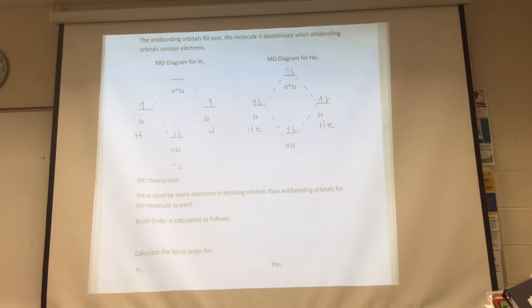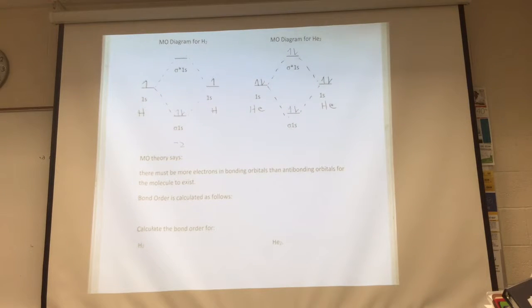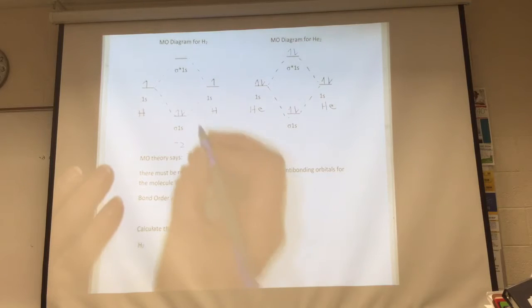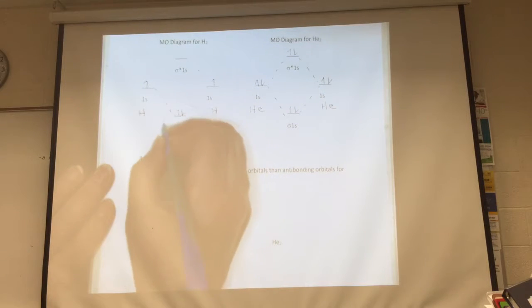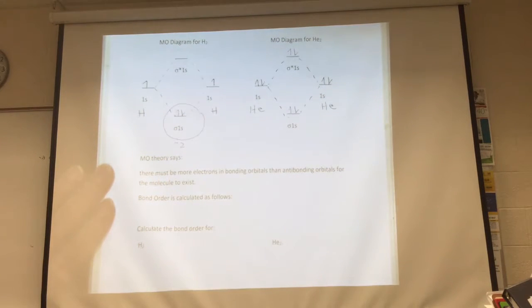So I fill this from top to bottom, low energy to high energy, just like I did the atomic orbitals. Now, molecular orbital theory says there must be more electrons in bonding orbitals than in anti-bonding orbitals for the molecule to exist. So if I look at this, the sigma 1s is a bonding orbital.